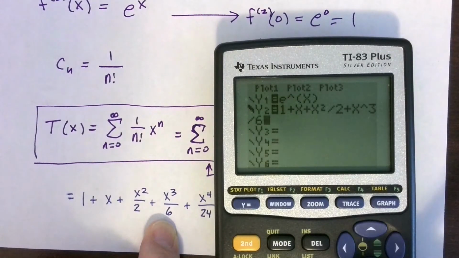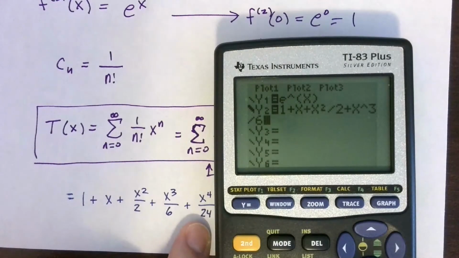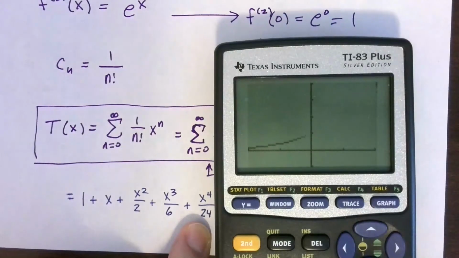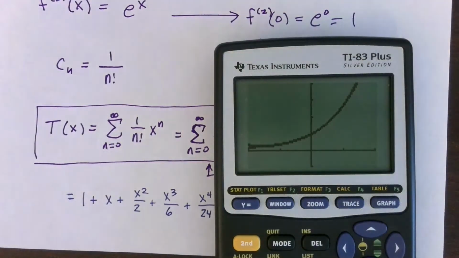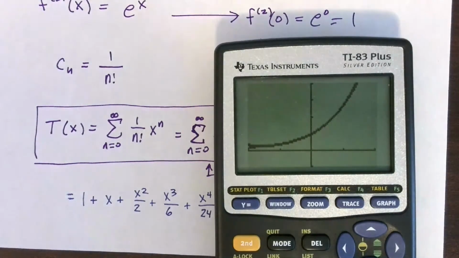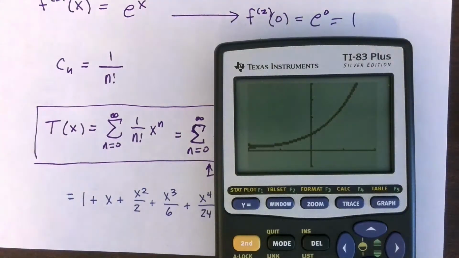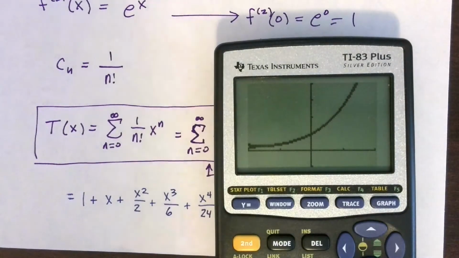Let's go to the fourth term, which is plus x to the fourth divided by 4 factorial, which is 24. There's our function, and there's the approximation. Do you get the feel for what's happening here? And it is indeed true that in this case, this power series converges to e to the x for all values of x.